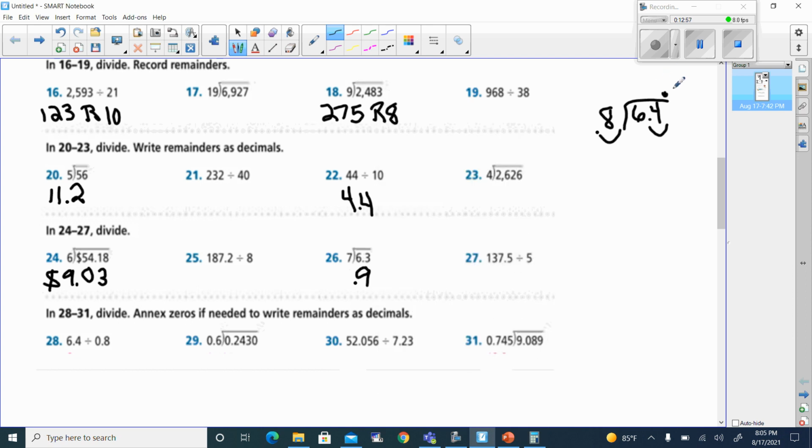So we have to remember, since we brought the decimal over, that 8 is going to go right here in this spot. You might be thinking, why is it 8 and not 0.8? Because the decimal's on this side, it's going to bring everything back over to the right one. All right, let's try this one over here.